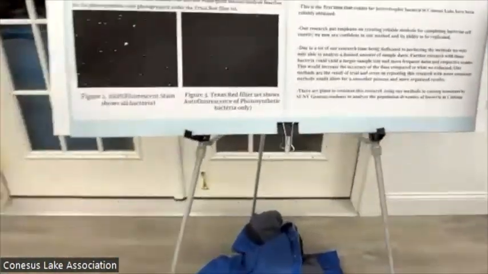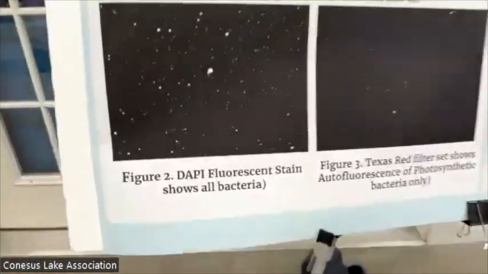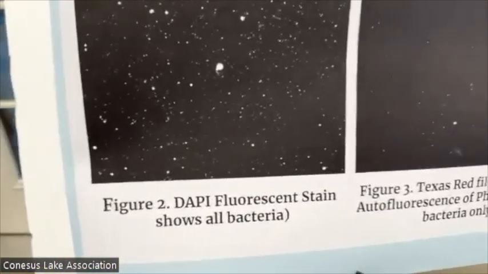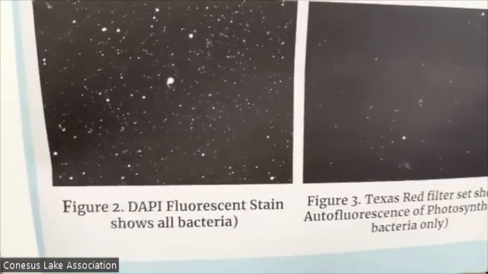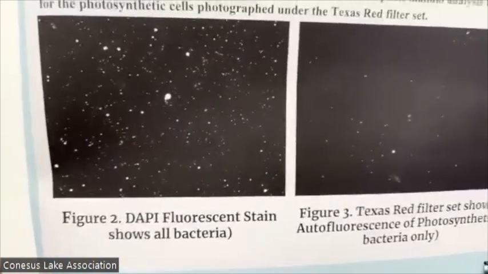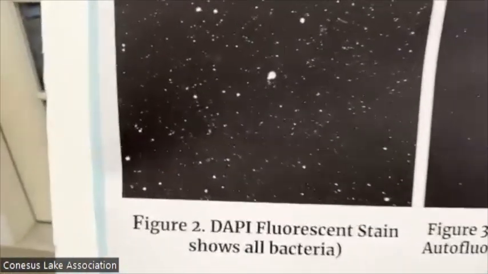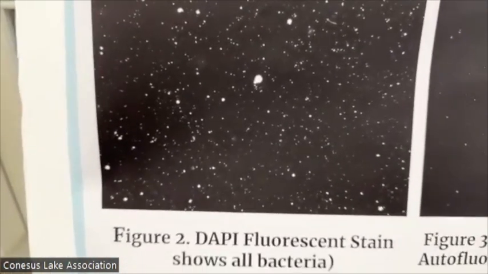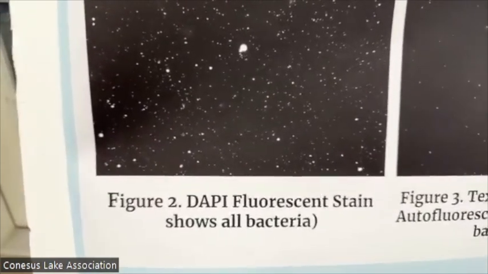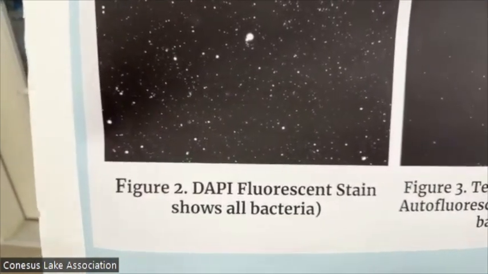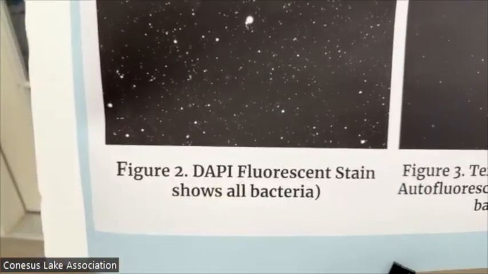I wanted to, before you go too far, just clarify first: the picture on the left looks like the stars at night, but a very clear night. You see a lot of the stars, and this is a fluorescent stain for all of them.